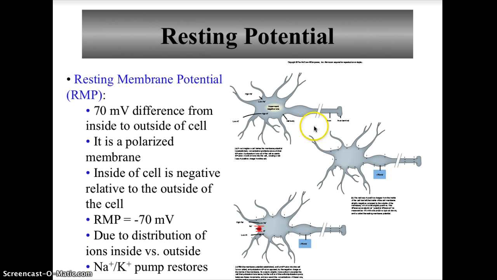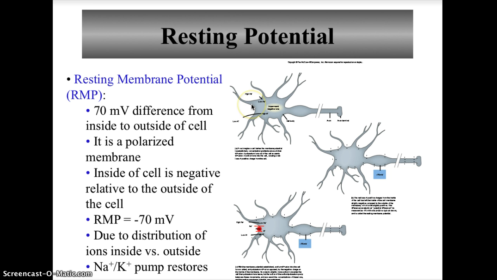In this first picture here, what you have are low potassium ions, and those low potassium ions are found outside the cell, and you have high potassium ions inside the cell. Here you have high sodium outside the cell, and your low sodium is inside the cell.